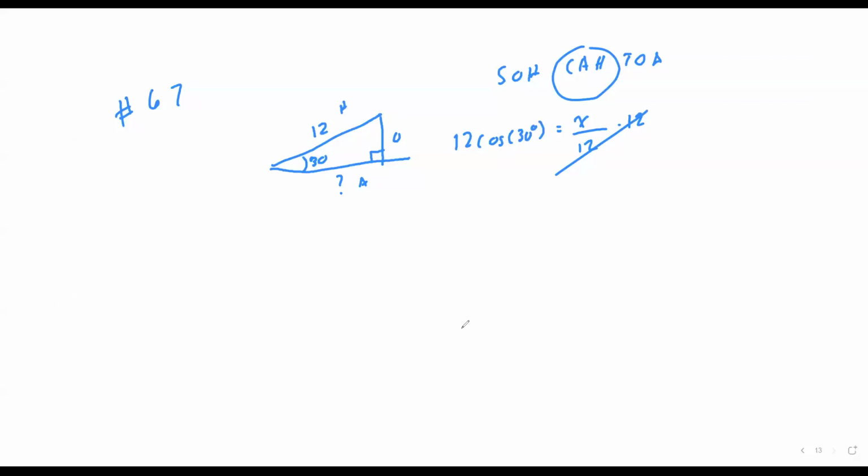I didn't write it down there either. So 67, yeah, feet. Okay, so this is feet here. So then this would be 10.39 feet long would be the ramp itself. All right.